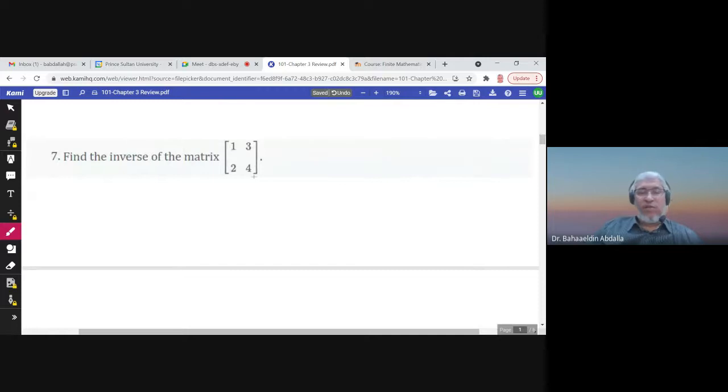Find the inverse of this matrix. Well, if this matrix is A, then A inverse, the formula says it is 1 over 1 times 4 minus 3 times 2. And 1 and 4, we change their positions. 2 and 3, we change their signs.